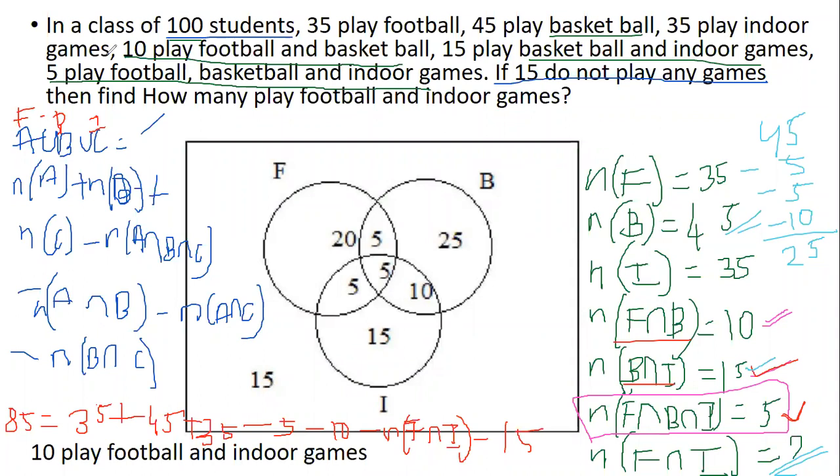Then I have 10, 15 and 5. 85 minus 75 is equal to 10. So you're getting N of F intersection I as 10.